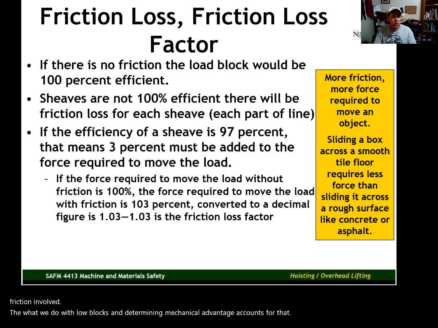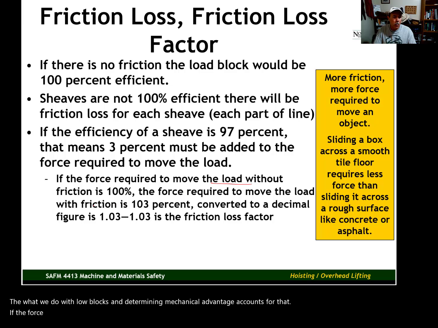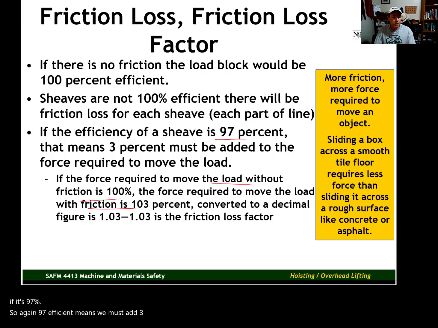Okay. If the force required to move the load without friction is 100%, the force required to move the load with friction is 103%. That's if it's 97% efficient. So again, 97% efficient means we must add 3% to the force required to move the load.